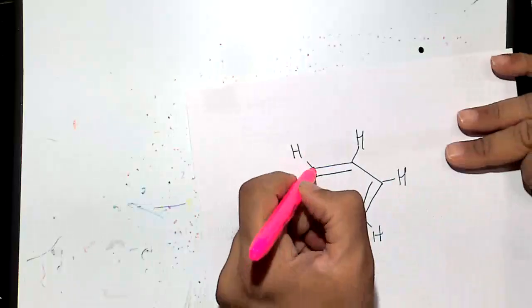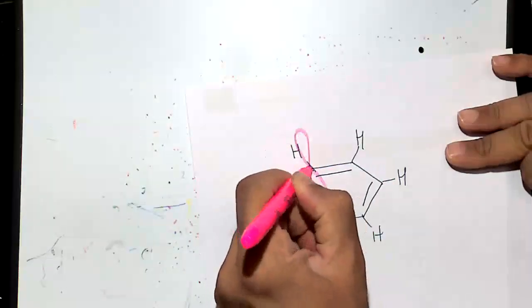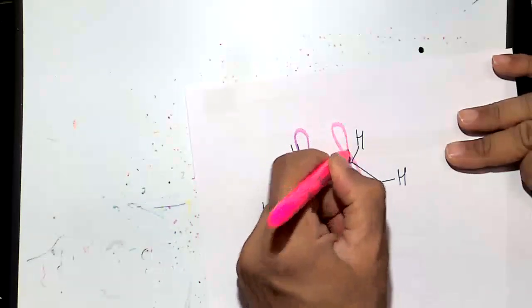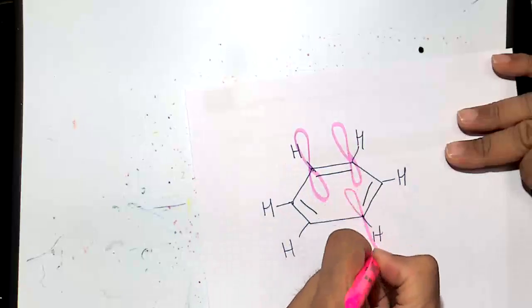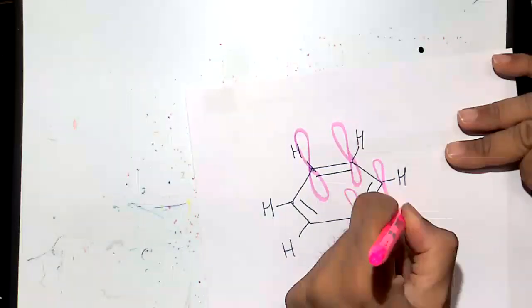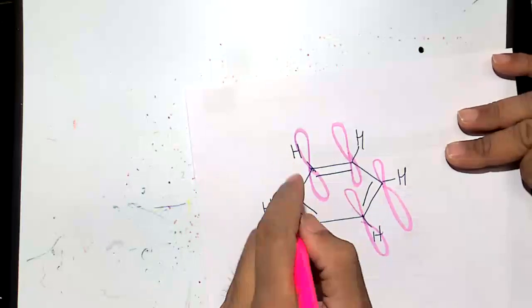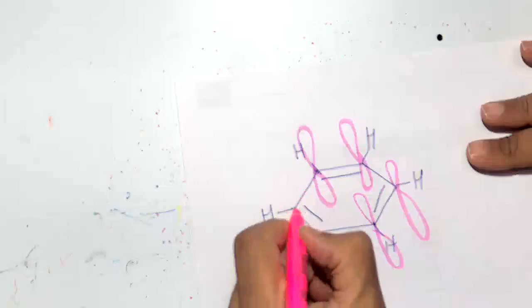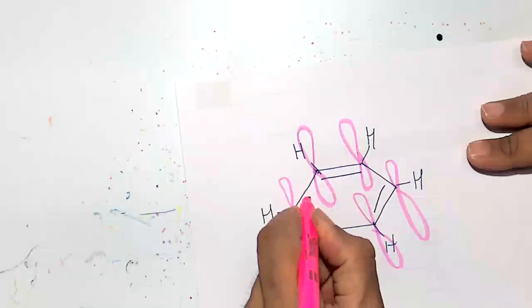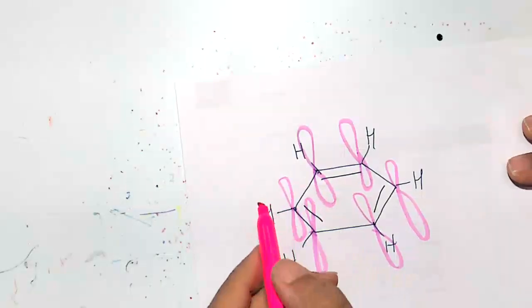So let's draw the overlap here and here. Look at this double bond here. There's an overlap here and here.